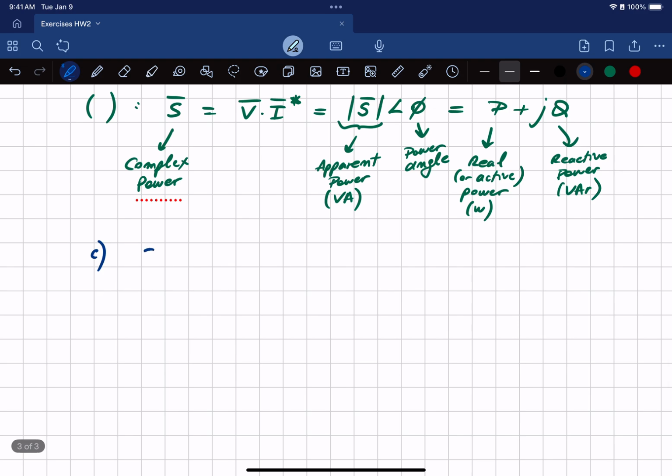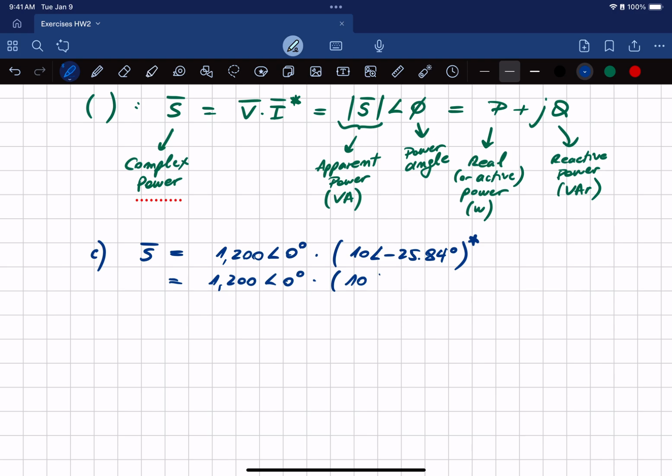S complex is going to be V, which is 1200, again using the RMS values, angle 0, times the current, which we said is 10, angle minus 25.84 degrees, conjugate. What does the conjugate do? Simple enough, it only reverses the imaginary part. What that does to the angle is make it positive.